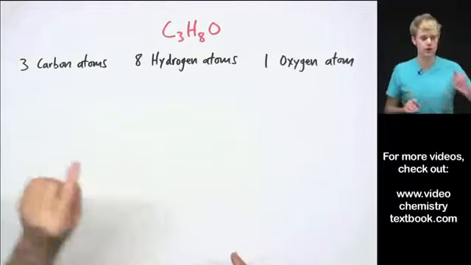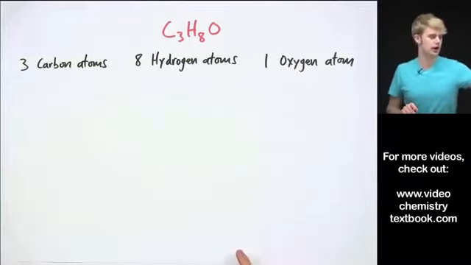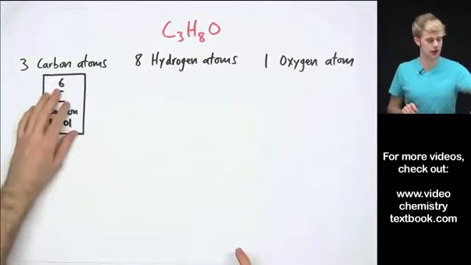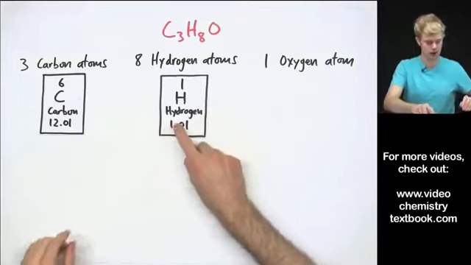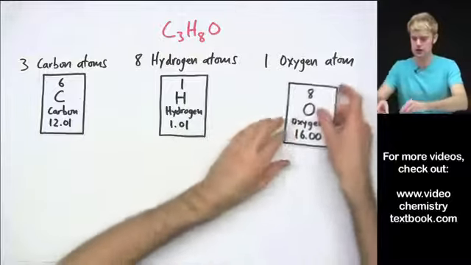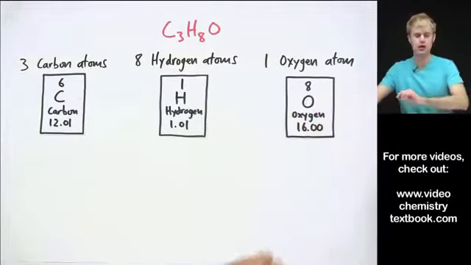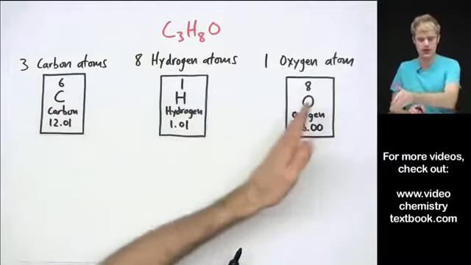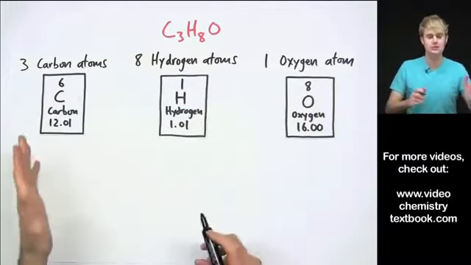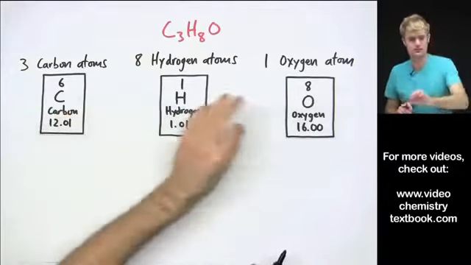Now, we look up each of these atoms on the periodic table to find out how much they weigh. Carbon is 12.01. Hydrogen is 1.01, and oxygen is 16.00.